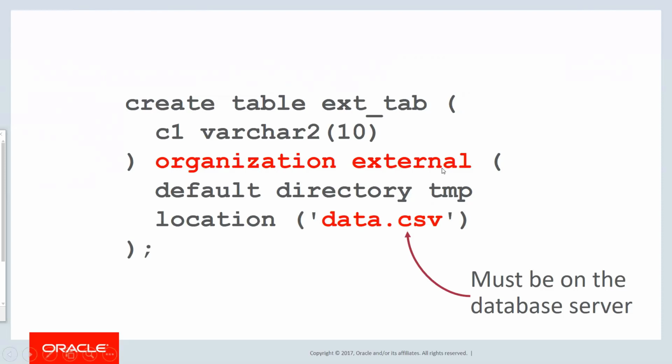If you have got a CSV file on your desktop, then you can use SQL Loader, or SQL Developer has got its import option. Fine if you're doing a one-off load, you're trying to get some test data in and so on. But if this is a repeated load, you're doing a daily import of stuff, then really you want to systematize it and actually have a process that transfers those files to the database, and then you can use SQL to load them in.